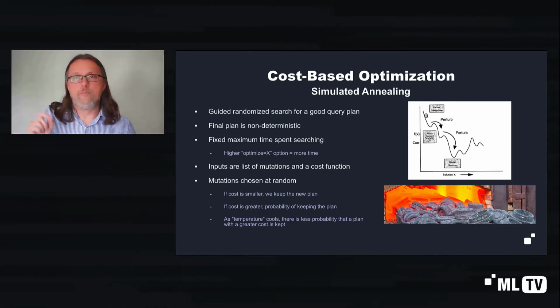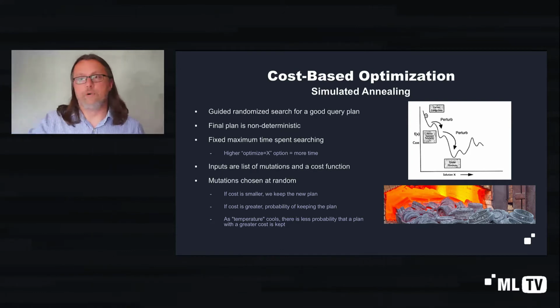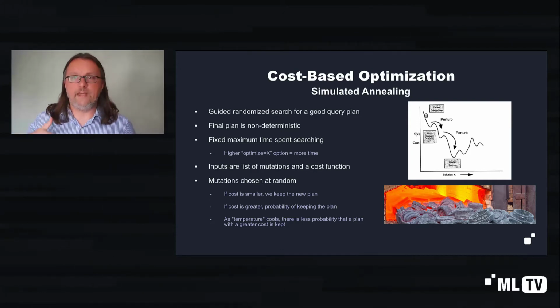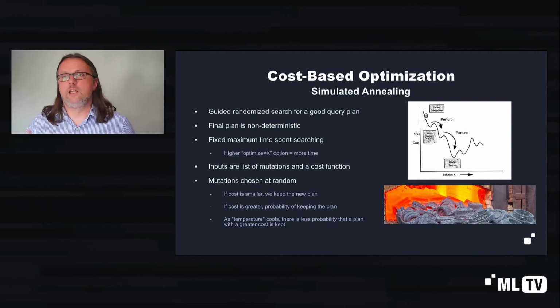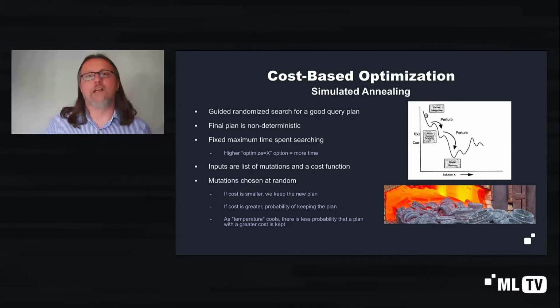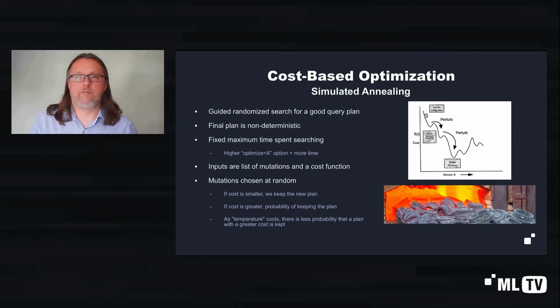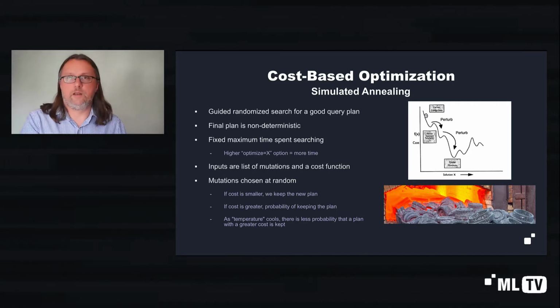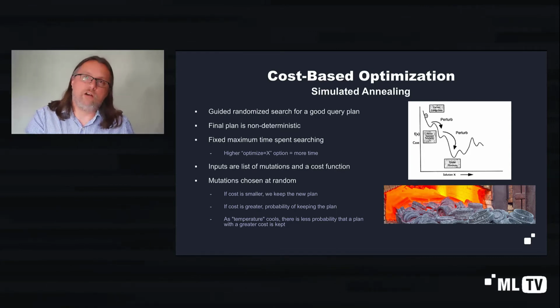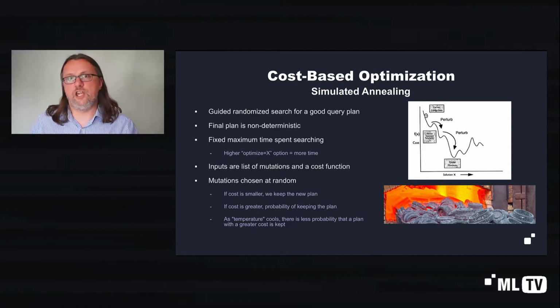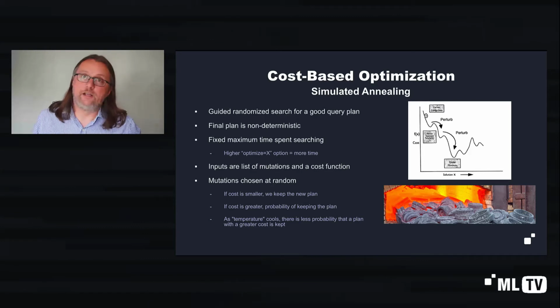And those local minima, the little valleys that aren't at the bottom of the hill, need a process to make sure that the query plan gets out of those and actually finds a good query plan that's even lower cost. So the inputs to simulated annealing are the list of mutations that can be applied and a cost function, and the cost function determines whether this plan is better or worse.